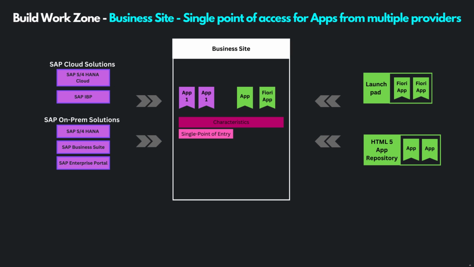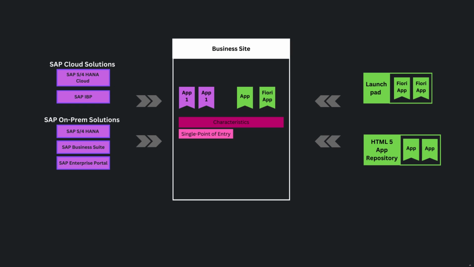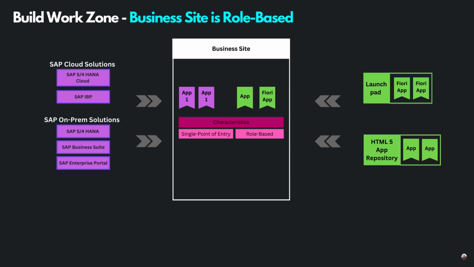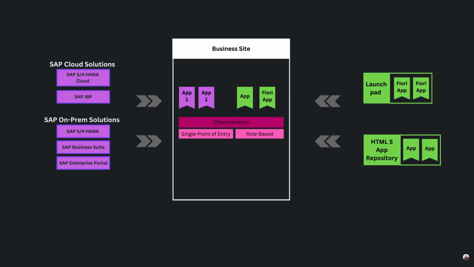They have a single unified point of entry to all their activities. Now, access to the business site is also role based. What does this mean? Users only see the apps that they are authorized to, and you, as a site administrator, can choose which user sees what. All right. That's why we say that the business site that is created by the Build Work Zone is role based.